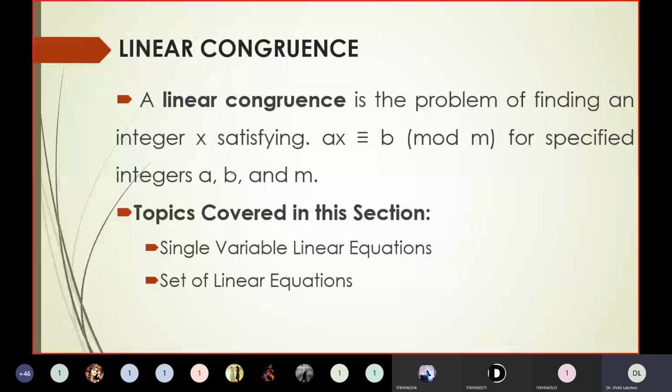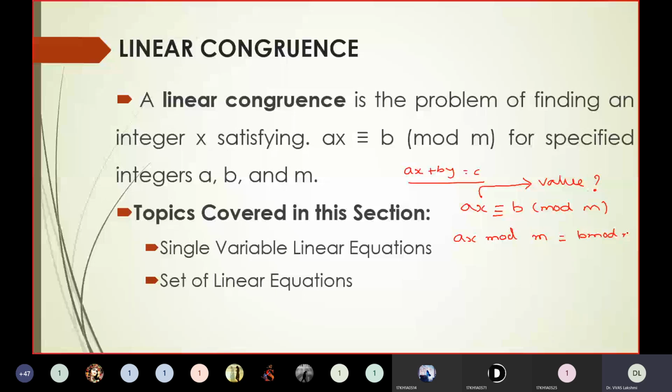The linear equation is in the form of AX plus BY is equal to C. But the linear congruence is AX is congruent modulo of B mod M. Here we are going to find the value of X. So AX mod M is equal to B mod M. This is the meaning of the equation.